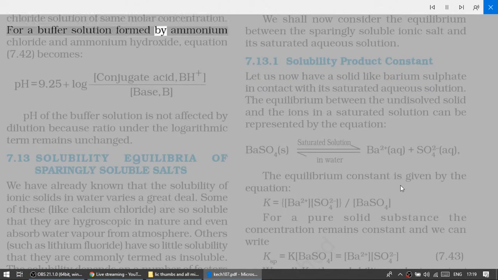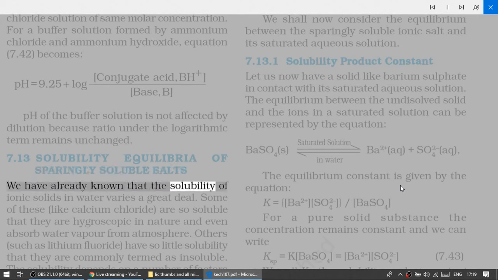For a buffer solution formed by ammonium chloride and ammonium hydroxide, equation 7.42 becomes pH is equal to 9.25 plus log [base B]/[conjugate acid BH+]. The pH of the buffer solution is not affected by dilution because the ratio under the logarithmic term remains unchanged.